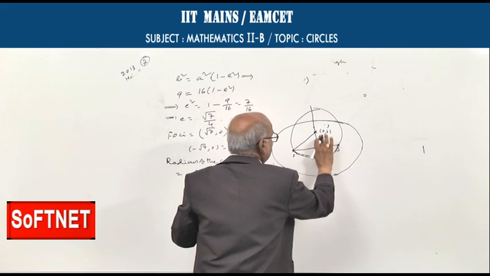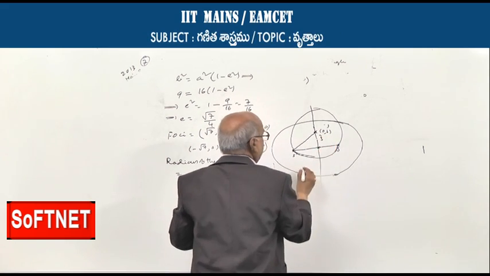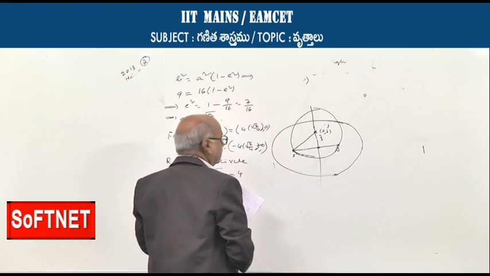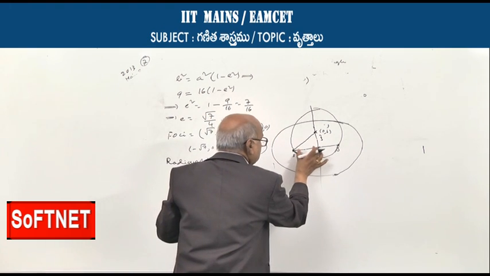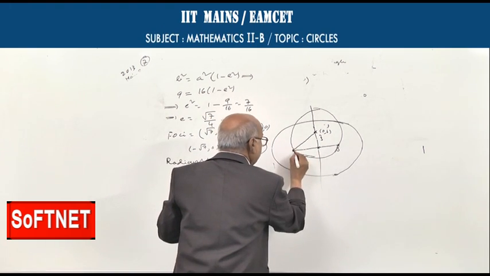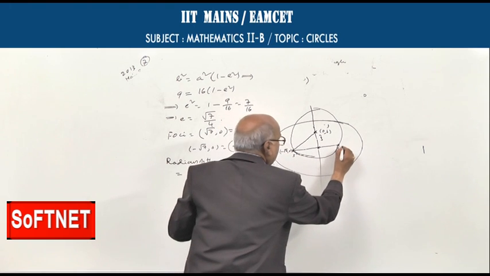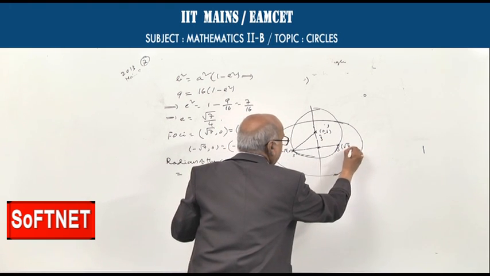This is 3, and this is 3, the foci at minus root 7 comma 0 and plus root 7 comma 0.